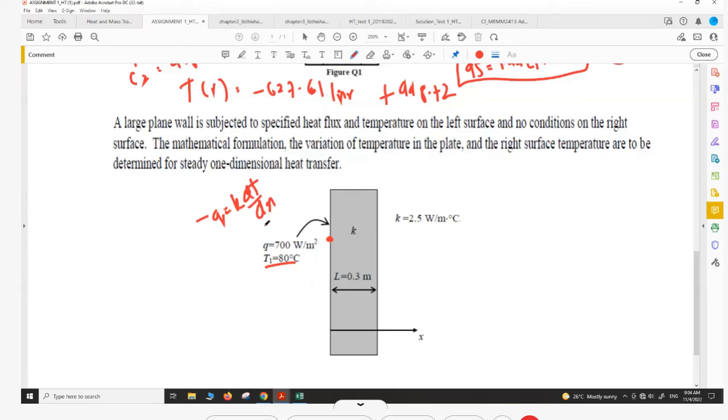So you can apply these two boundary conditions in this equation in cylindrical coordinate, and then you can get your answer. But since one is in differential form and one is in fixed temperature, basically you can get your C1 and C2. So what you need is at least two conditions to determine C1 and C2.